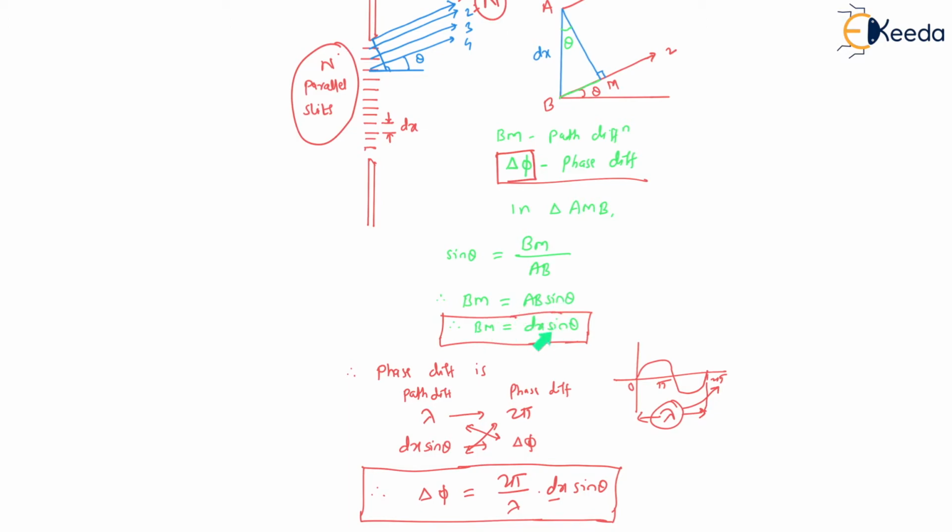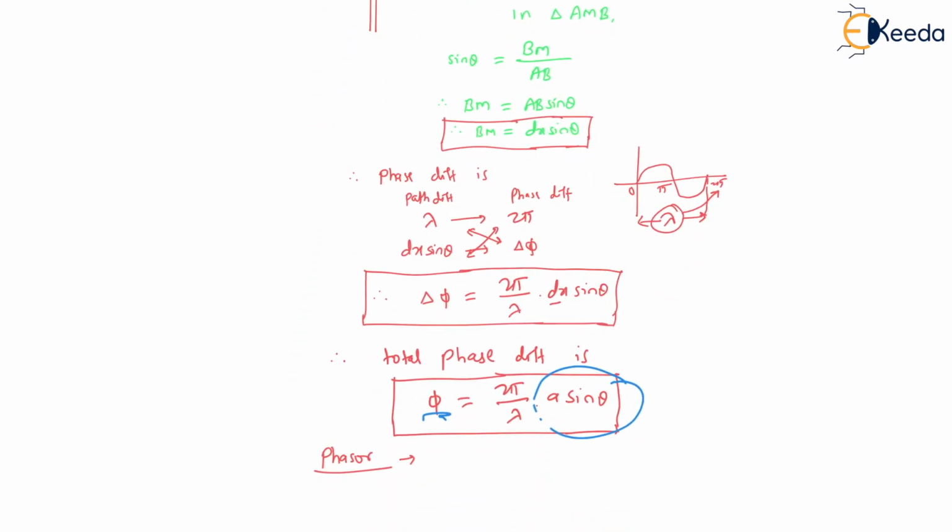And then from the path difference we can easily find the phase difference, as we know that a path difference of lambda corresponds to a phase difference of 2 pi. So here the path difference is dx sine theta and the phase difference is delta phi. So delta phi will be equal to 2 pi by lambda into dx sine theta.